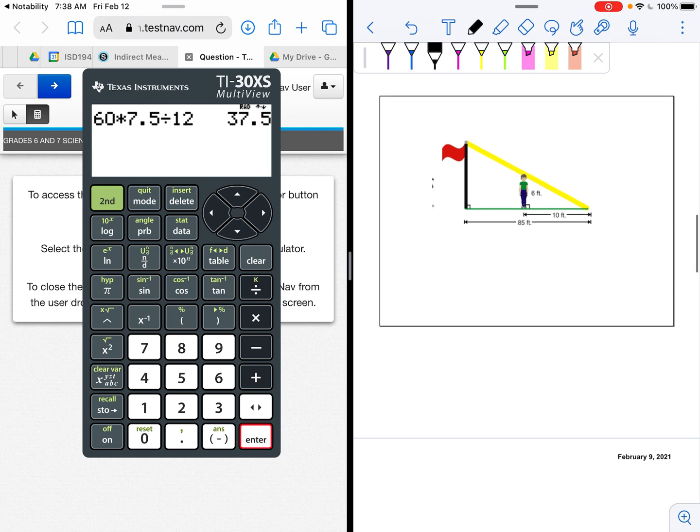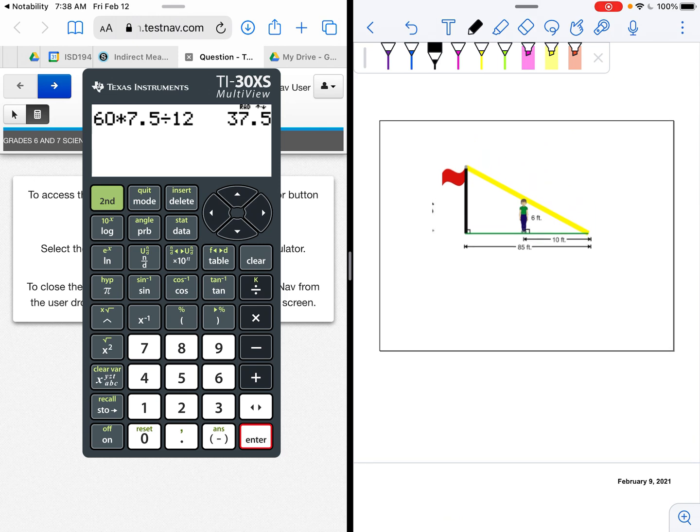Here's one where they are superimposed on each other. I've got my two triangles. One is formed by the flagpole, and the other is formed by my person. The flagpole and the person are corresponding side lengths. The bottom here is 85 feet, and from the lady here is 10 feet.